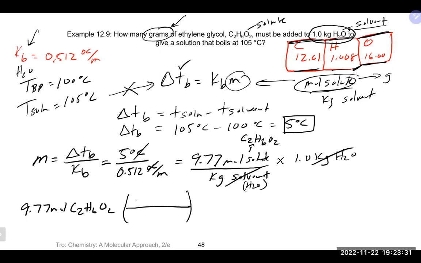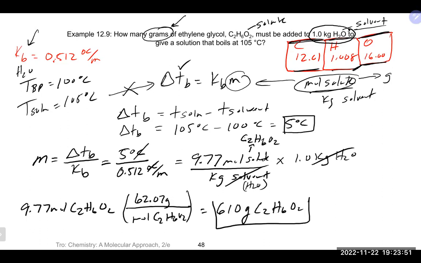Going to give us 62.07 grams per mole. And we'll times that by 9.77. Means that we need roughly 610 grams of C2H6O2 in this particular case.